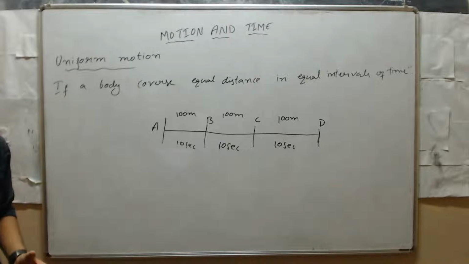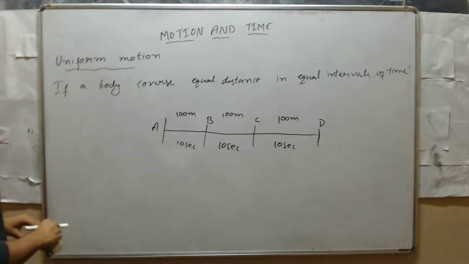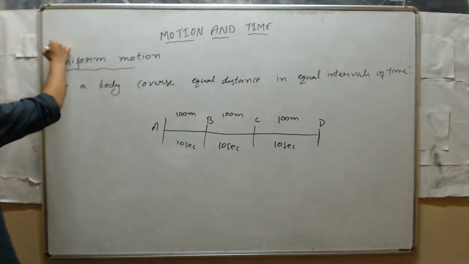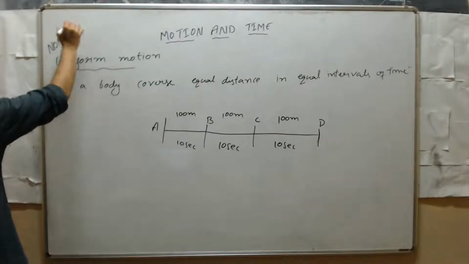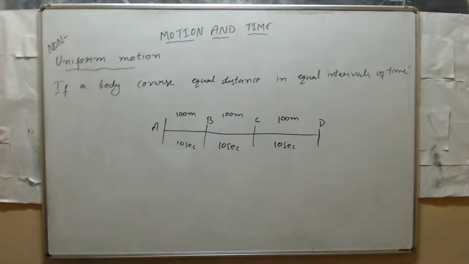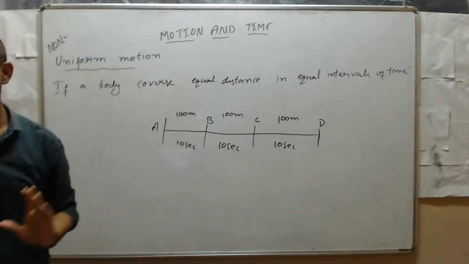Move to the next topic. We have an important topic, that is non-uniform motion. I will write it here. What is non-uniform motion? It is exactly opposite to uniform motion.